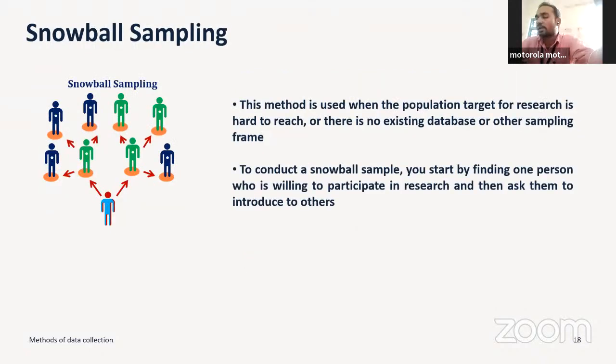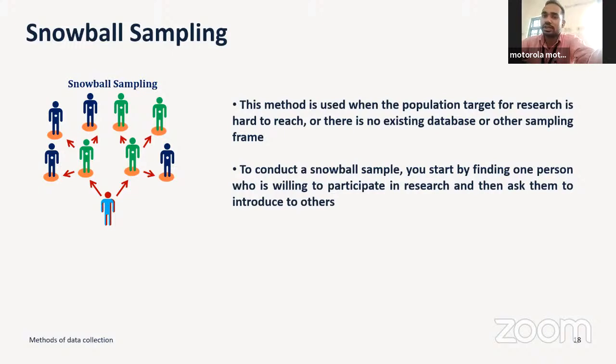Okay. So the next method is snowball sampling. You may have experienced that in some marketing strategies, people use this kind of sampling method. It means they select one person, include that person as a sample, and that person will refer another person.